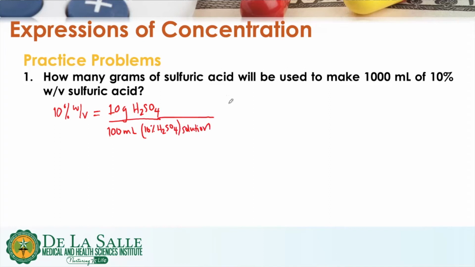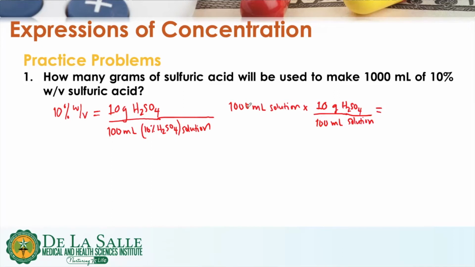Now, if we have 1000 milliliters of the solution, we can perform dimensional analysis to determine the weight of the sulfuric acid that will produce the 10% solution. So we will simply multiply the volume by the equivalent expression in ratio of the percentage weight in volume.